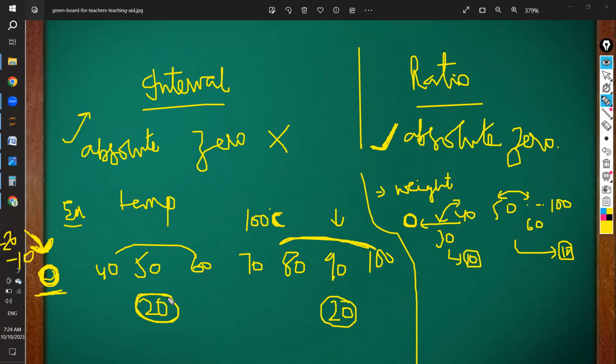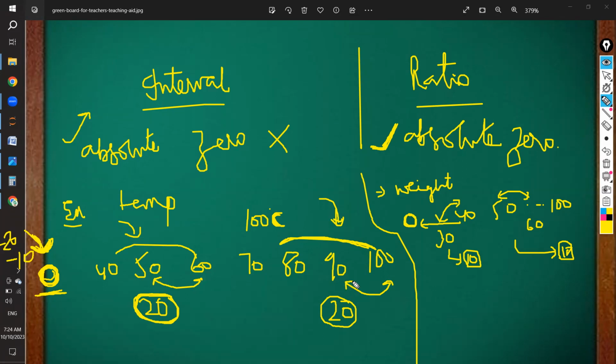But here you cannot directly say the intensity is the same, because I will tell you, the heat you require to go from 50 to 60 degrees is not the same as to go from 90 to 100.